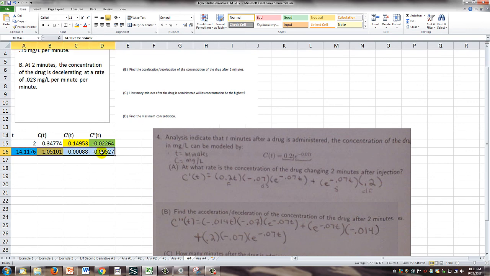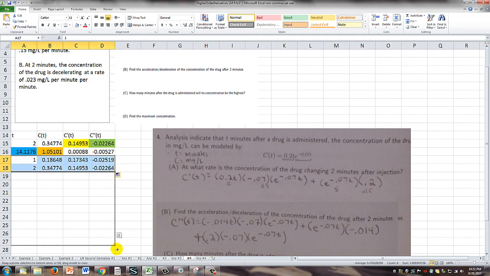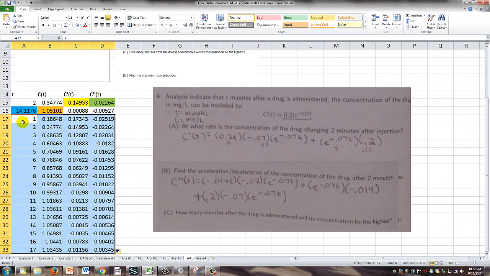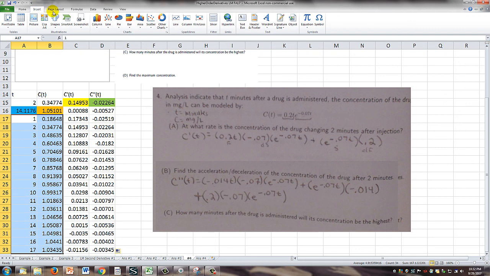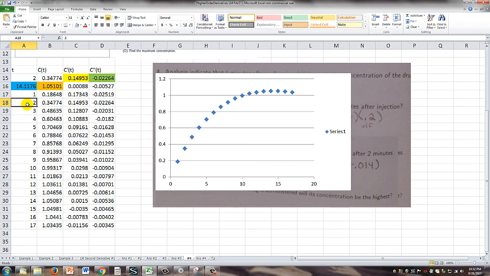If you're a little bit nervous, you can still go back to the eyeball method. You can graph your function. Let's just get it a few minutes. Not sure if that's enough minutes. I could think it through, but I'm just going to throw a graph up here.